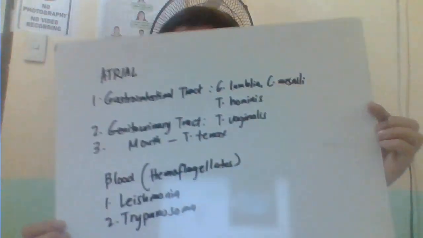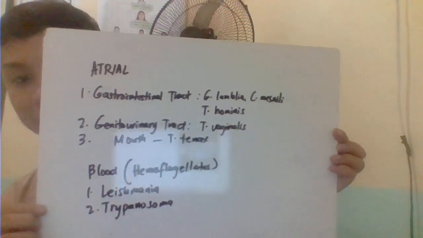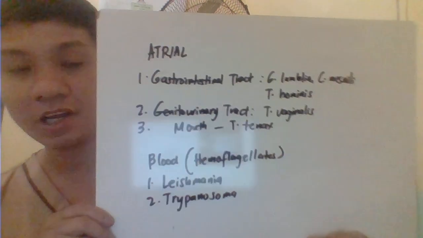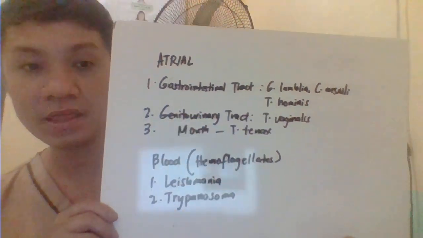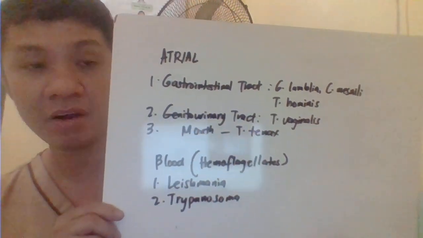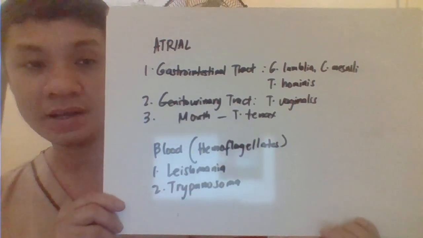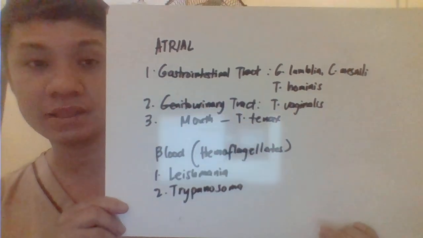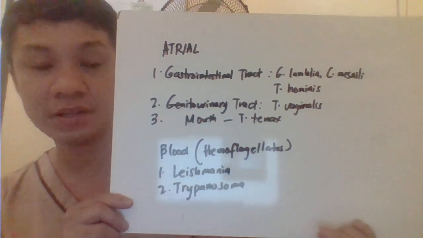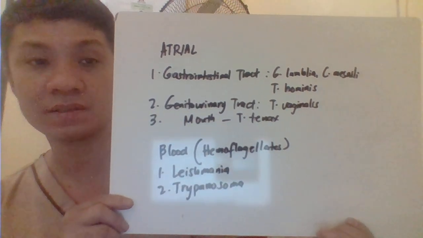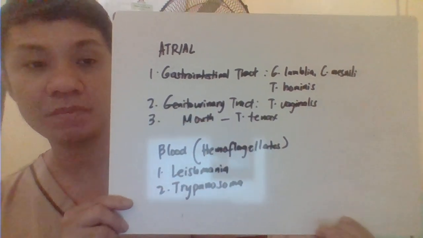We could also classify our flagellates as the following. We classify them as atrial, the ones found in the gastrointestinal tract, your GIT. This includes Giardia lamblia, Chilomastix mesnili, and Trichomonas hominis.